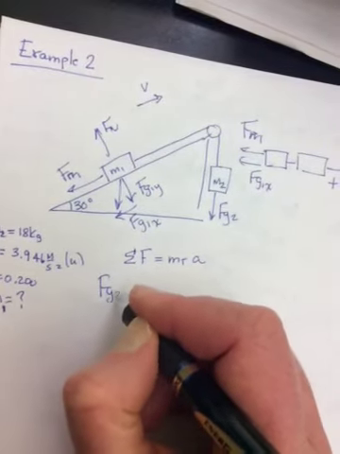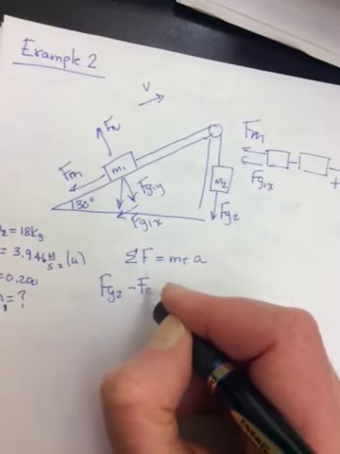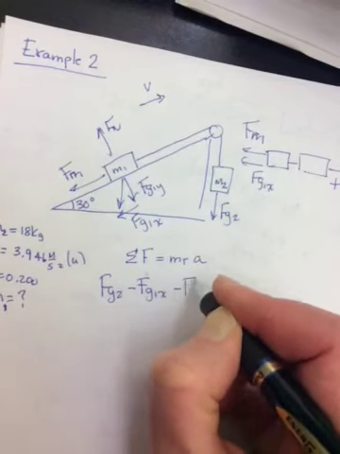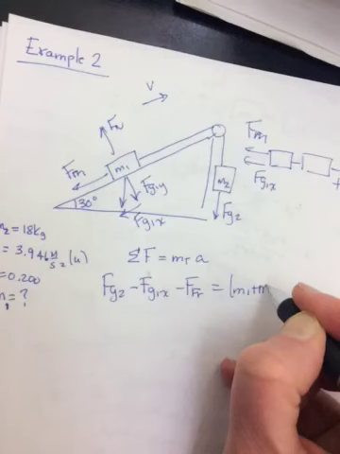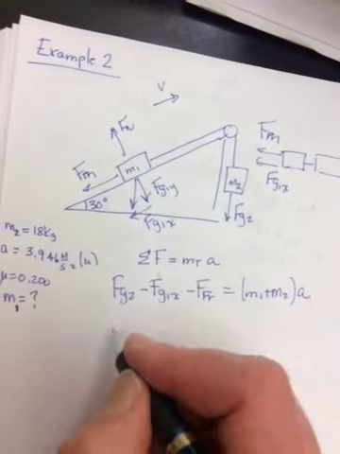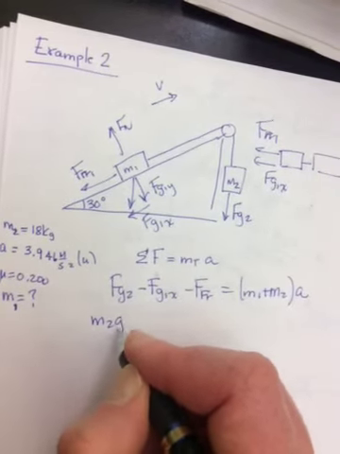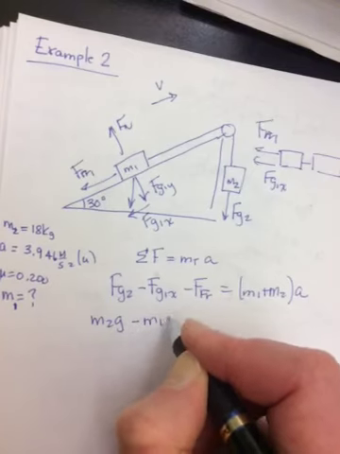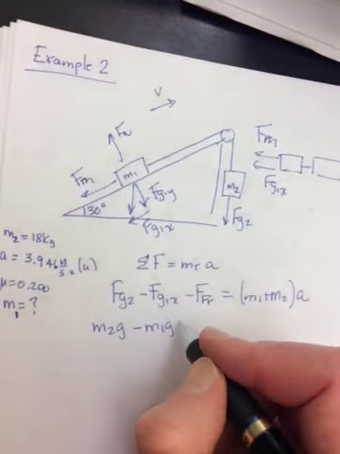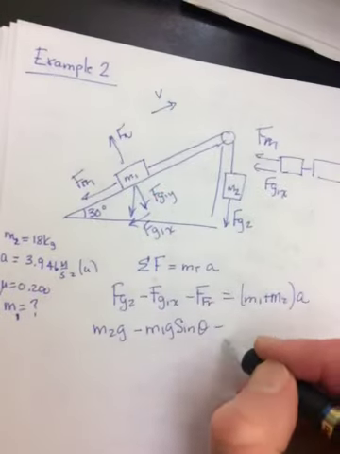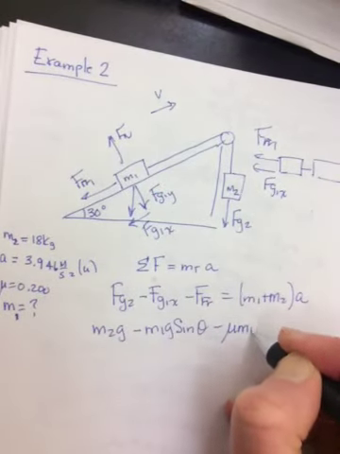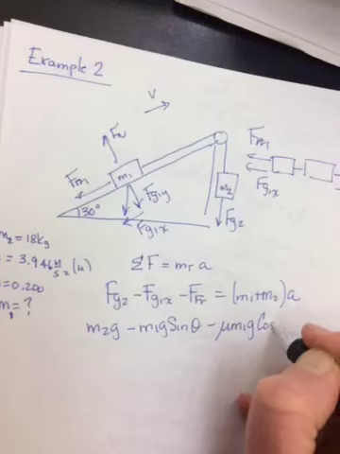So it'll be FG2 minus FG1X minus friction equals M1 plus M2 times A. So M2G minus M1G sine theta, minus friction, which is mu M1G cos theta.